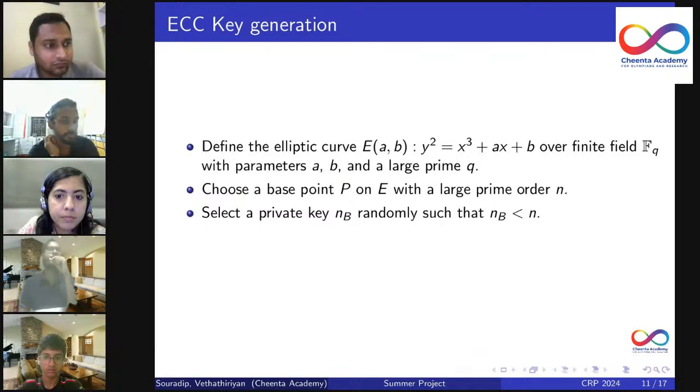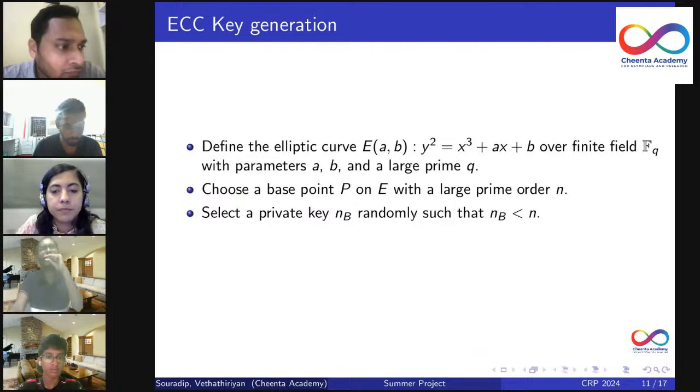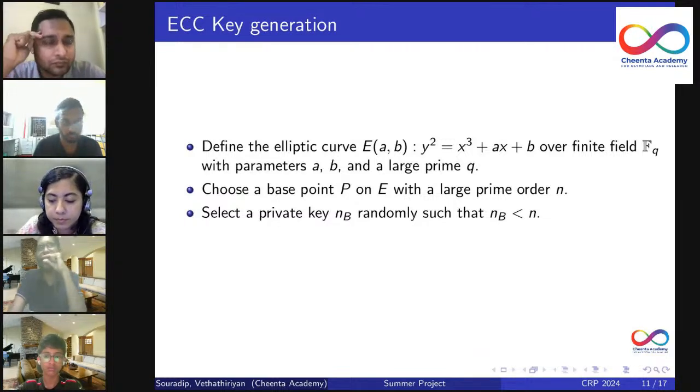And if they have to compute it, they have to first divide PB by P, and this is a very hard task, because the base point has a large prime order n, and we have taken all this in a finite field where the size is a large prime cubed. So again, it is a very computationally difficult task, and the outsiders will have a hard time figuring out the private key.